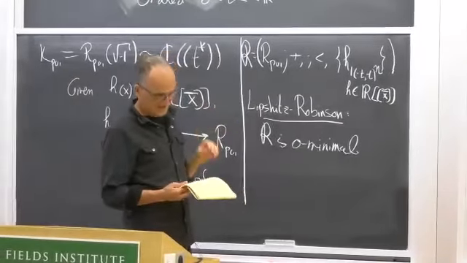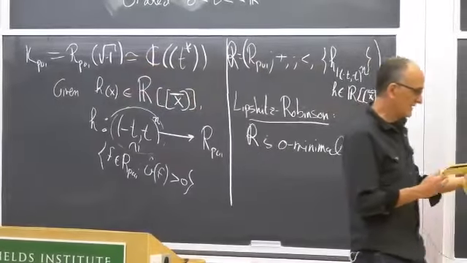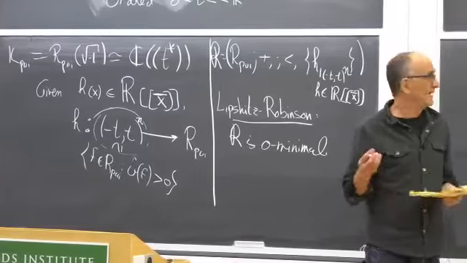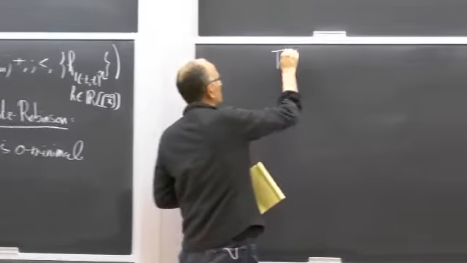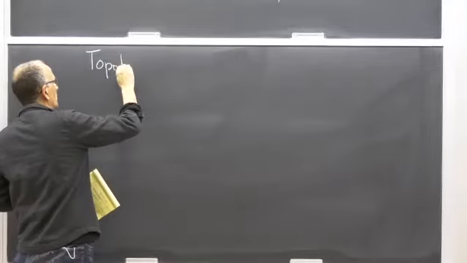Once it's o-minimal, of course, we have the whole theory of o-minimality that we can apply. So, all right, this is the last example I wanted to do, and now I'll start doing really topological analysis.